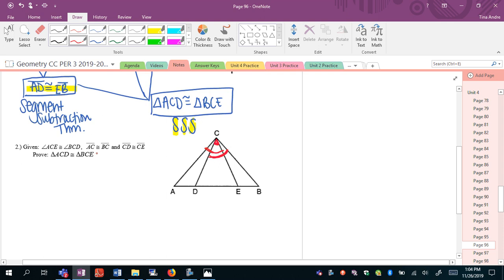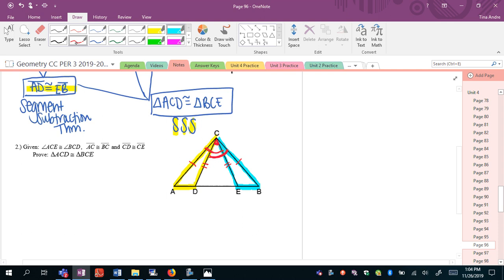I see that AC and BC are also congruent, and CD and CE are congruent. And I'm going to highlight the triangles I'm trying to find because there are multiple triangles in this picture. It's always helpful to highlight those triangles. ACD is congruent to BCE. So that's what I'm trying to prove.